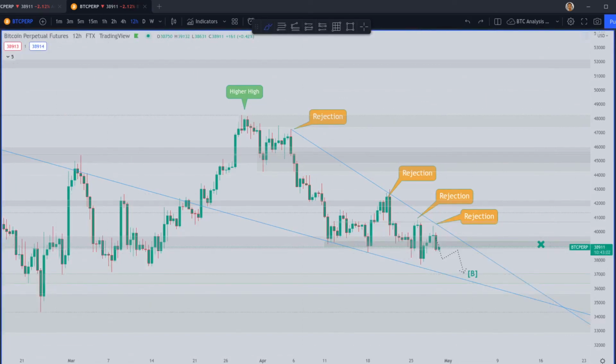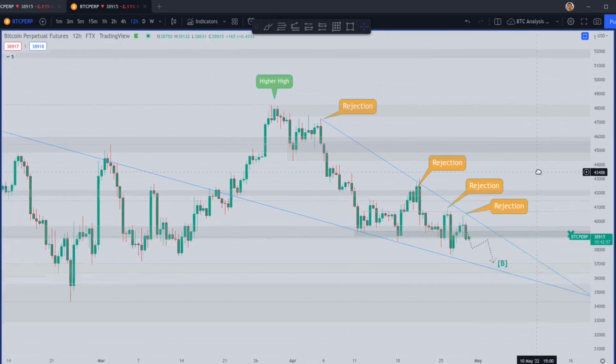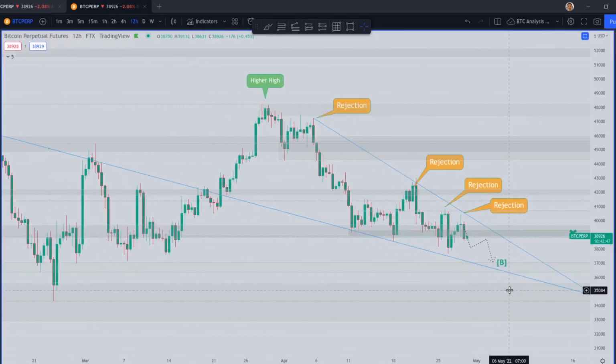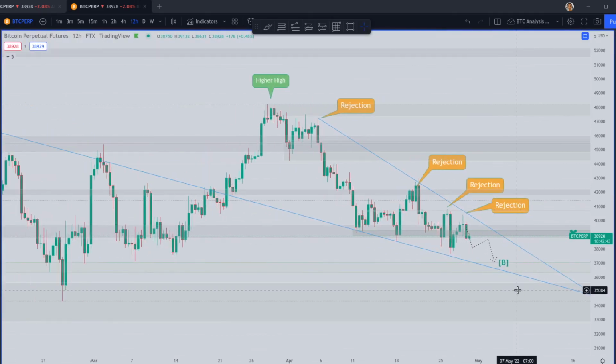So be cautious, the volatility will come and the price movements will be strange, because when price is squeezing like this, it's very difficult to trade. I recommend sitting on the sideline doing your analysis, keeping your cash, keeping your Bitcoin, waiting for a good opportunity to trade.